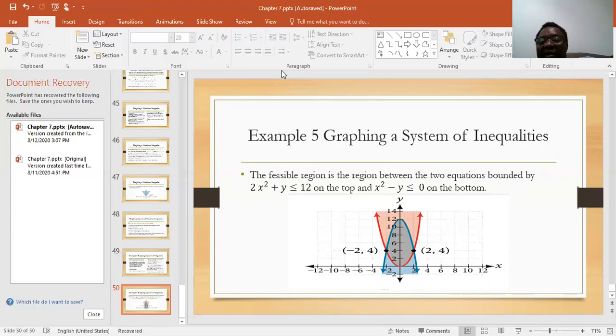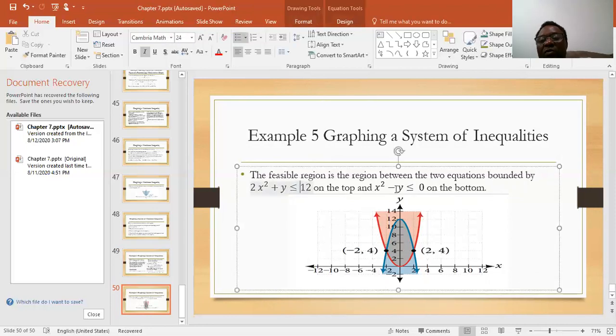So if we pick a point like x equals 0 and y equals 2, we get 2 is less than or equal to 12. With x equals 0 and y equals 2, minus 2 is less than or equal to 0.